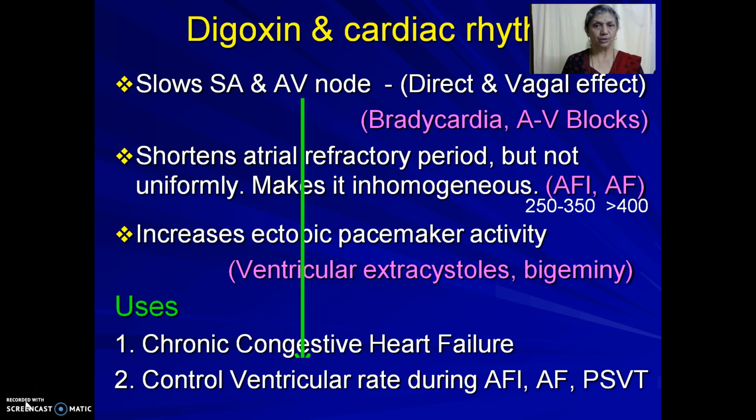And this is the action of digoxin, slowing down AV conduction, which is made use of in management of atrial flutter or fibrillation patients in order to control the ventricular rate, not correct the flutter or fibrillation. In fact, flutter may get converted into fibrillation under the influence of digoxin.